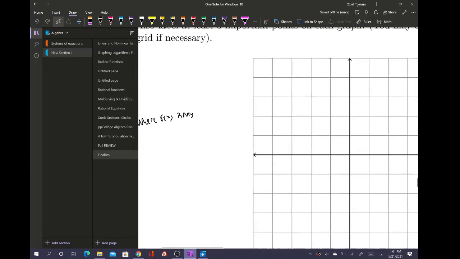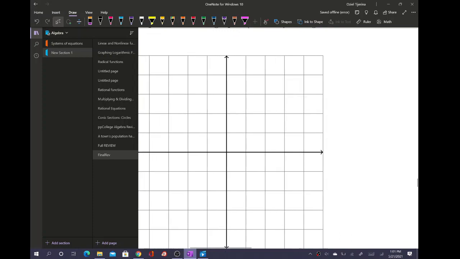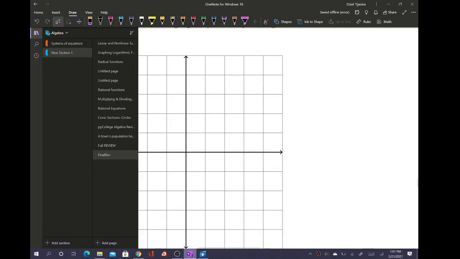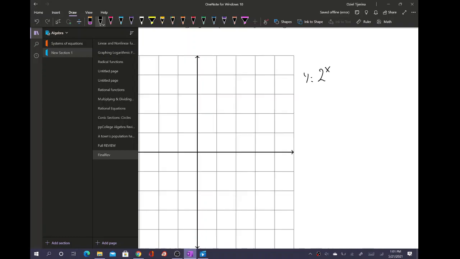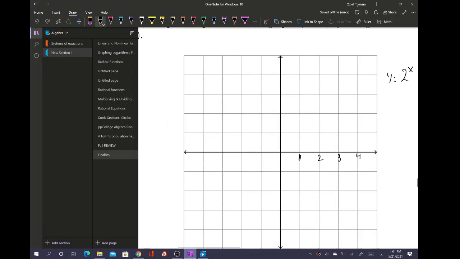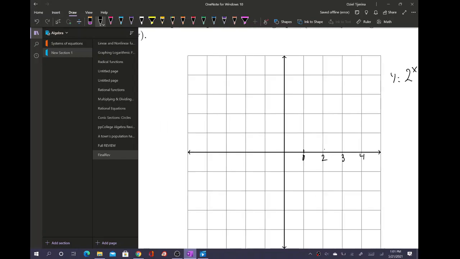I would graph 2 to the x first, because if we do y equals 2 to the x first, it'll be a lot easier to graph this equation. That's just my opinion.